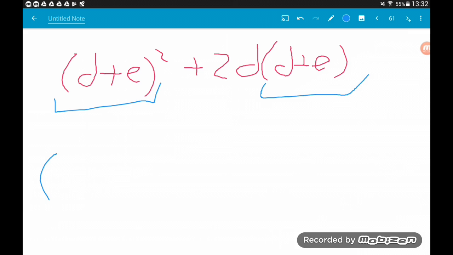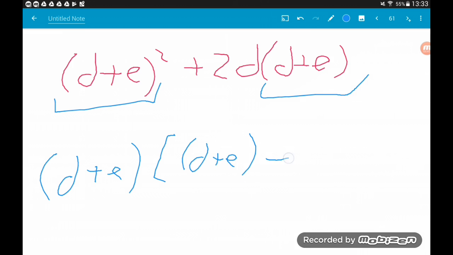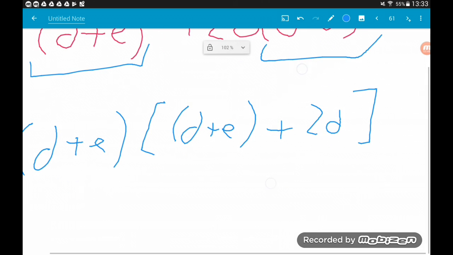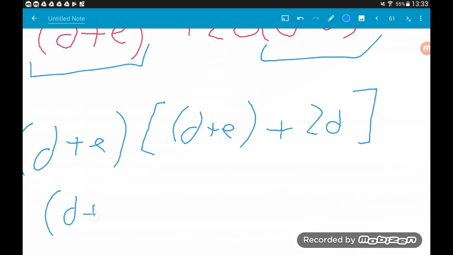So we could write this as d plus e times square brackets d plus e, add 2d, like that. Inside of the square brackets, we can simplify that a little bit.